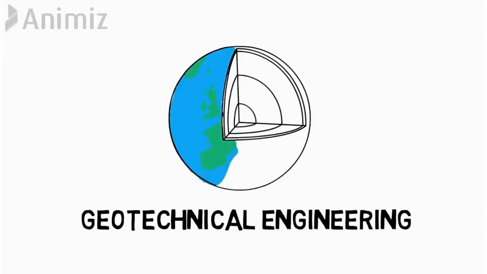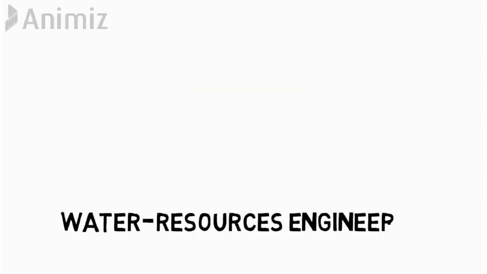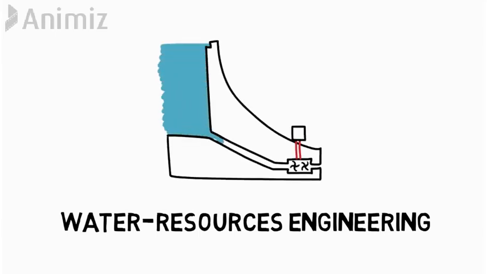Geotechnical engineering. Geotechnical engineering deals with soils, rocks, foundations of buildings and bridges, highways, sewers, and underground water systems. Water resources engineering. Water resources engineering is concerned with management of the quantity and quality of water in the underground and above ground water resources, such as rivers, lakes, and streams.